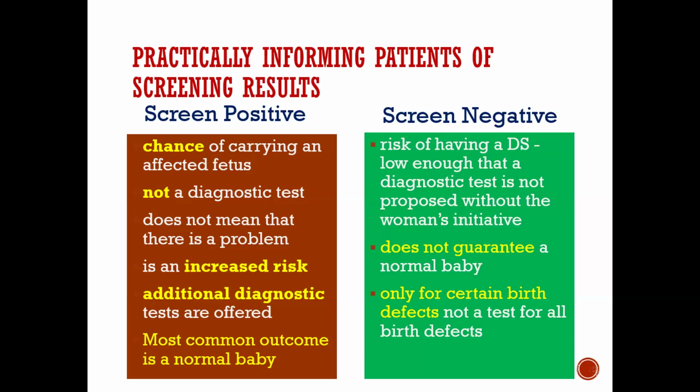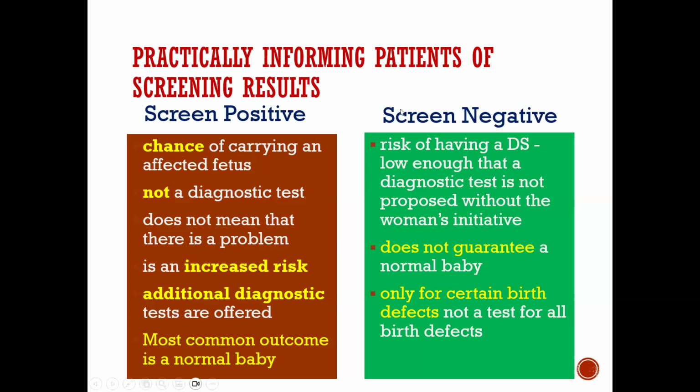You have a chance of carrying an affected fetus, but it is not a diagnostic test. It is still a screening test. So out of 60, 59 babies will be normal. Only one will have a problem. For that detection, we have to run additional diagnostic tests. And the most common outcome is a normal baby, so we have to counsel the patient positively.